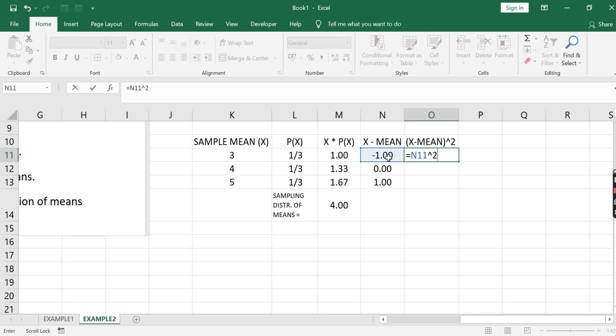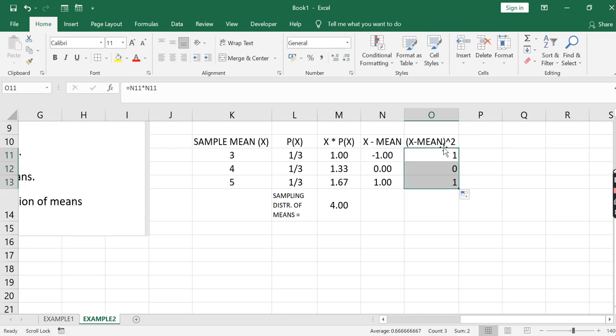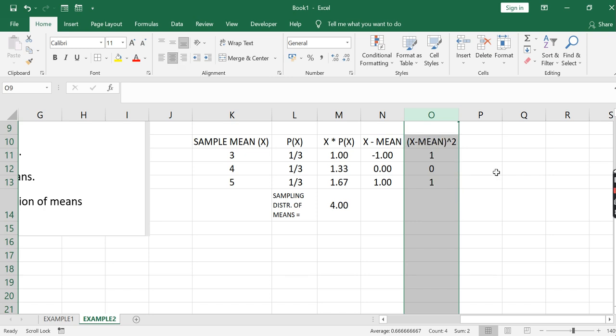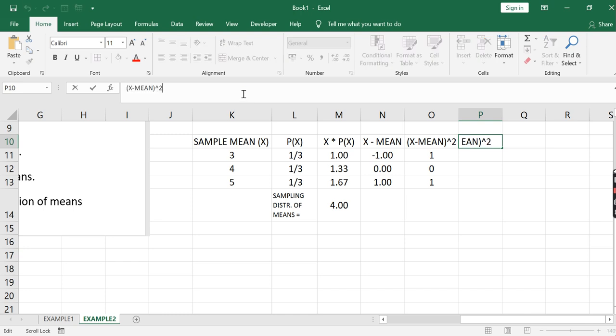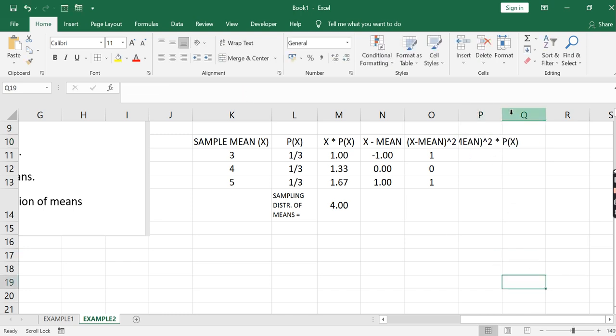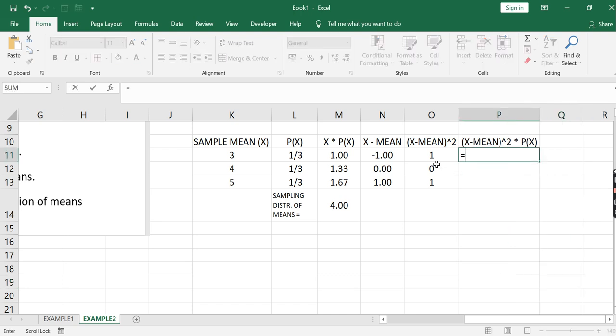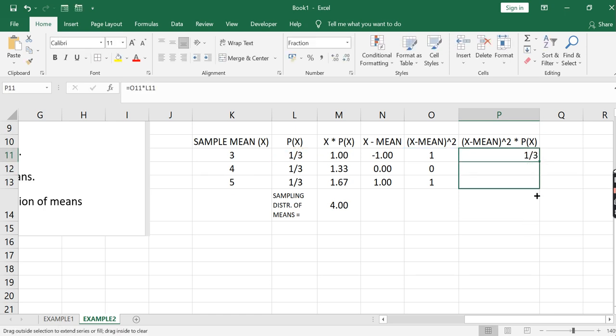There you go. Next, multiply it by its corresponding probability, so this column O times the probability column. Simply drag it down.